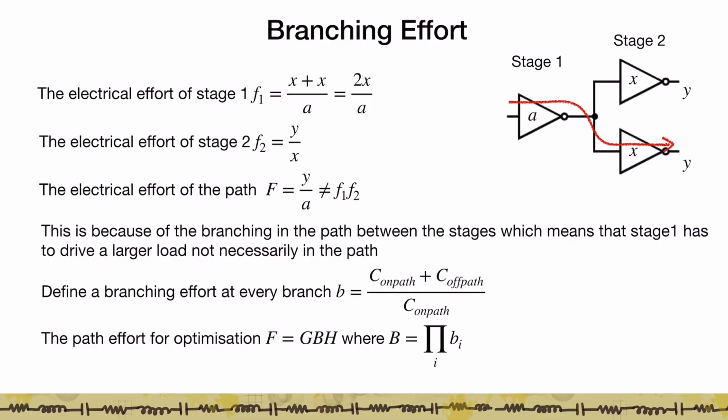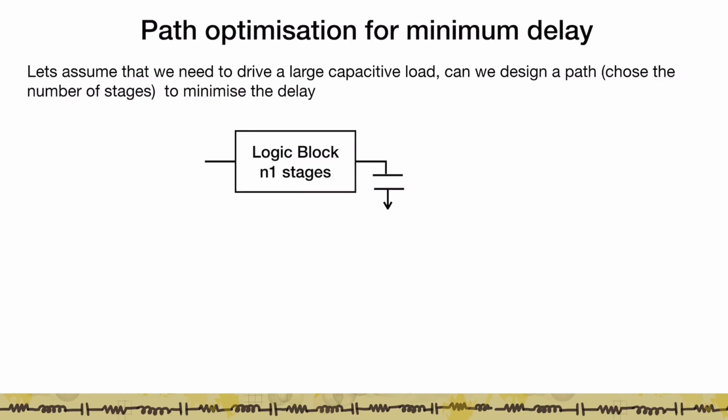In that case, the path effort will no longer just be G times H. It is given by G times B times H, where B is the additional effort required due to the branching present in the path. Let's change the problem a little bit.